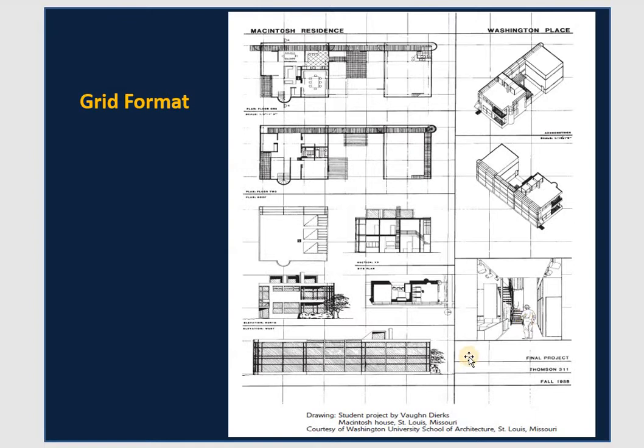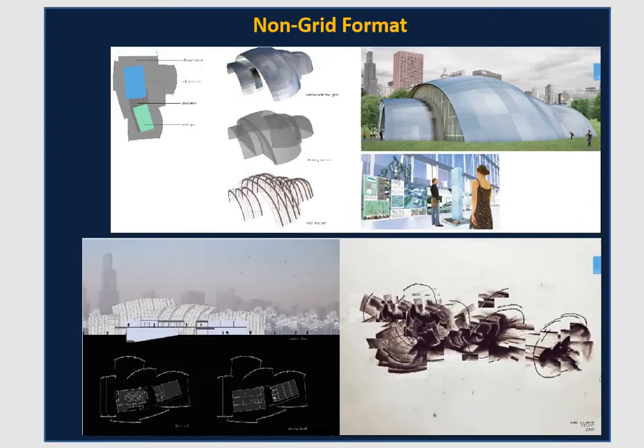So interior section, all of them, they show the grid line also, so you can compare the floor plan with the elevation and the section. This one is a non-grid format. They have no grid line, they just show you the form of the building. That means interior and exterior of the building. No grid line.